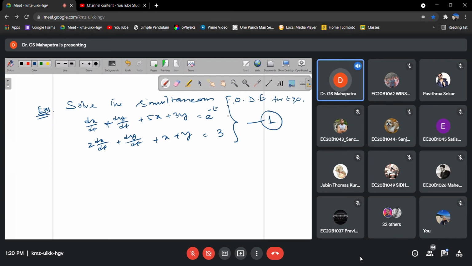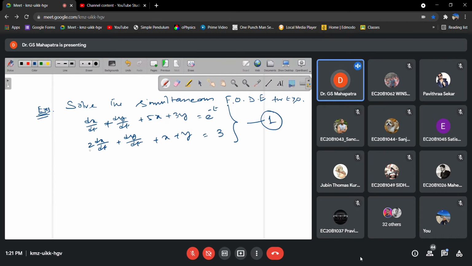First order, then how many conditions do you need to solve this simultaneous equation? Forget about Laplace transform. Till now I have not written solve the simultaneous first order differential equation for t greater than or equal to 0 using Laplace transform; I have not mentioned that anywhere.